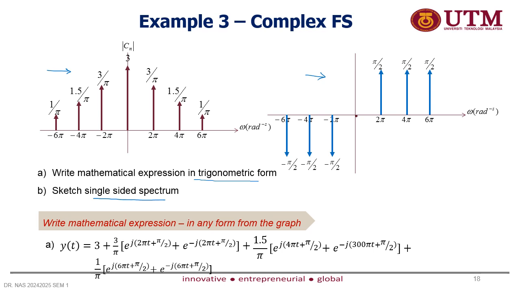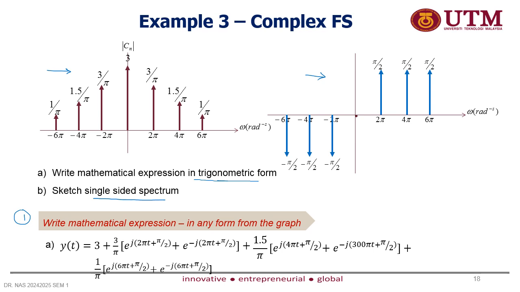Therefore, in order to get the trigonometric equation, you need to convert the exponential Fourier series into trigonometric function. To start, write down the mathematical expression in any form that you can get from the graph. Obviously, this is the double-sided spectrum, so you can get the exponential Fourier series.